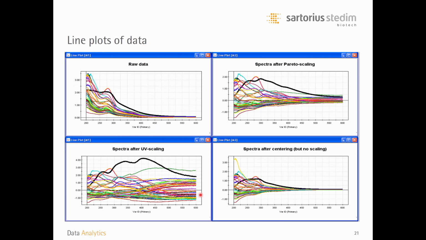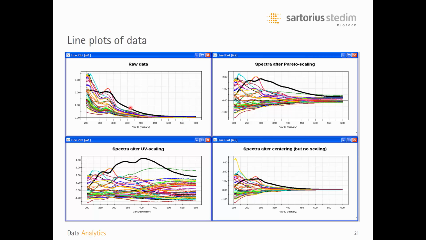So here we see line plots of the original spectra. The 4 plots on this slide show the data prior to and after the different scaling approaches. And we can see that the spectral variation is most pronounced between 200 and 350 nanometer, and essentially above 450 nanometer or so, there is nothing but major baseline variation.